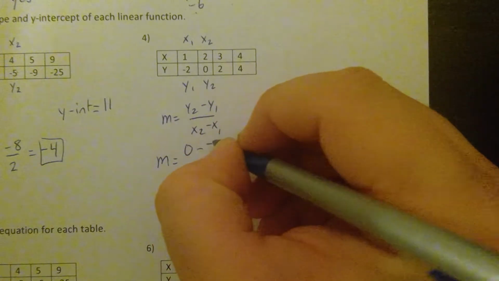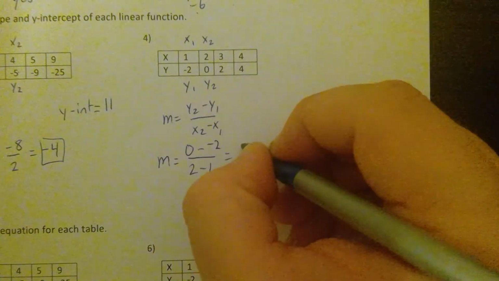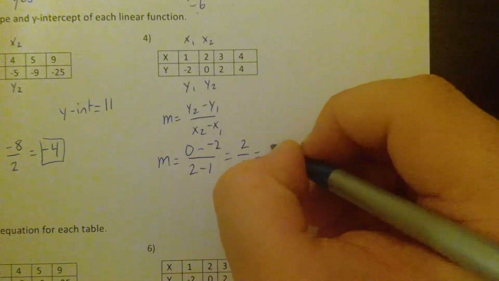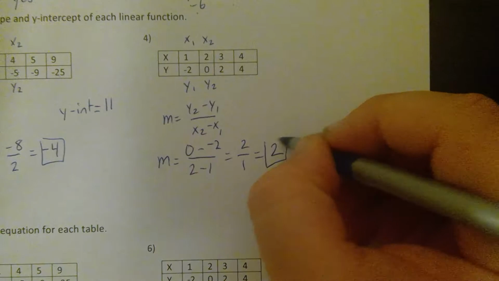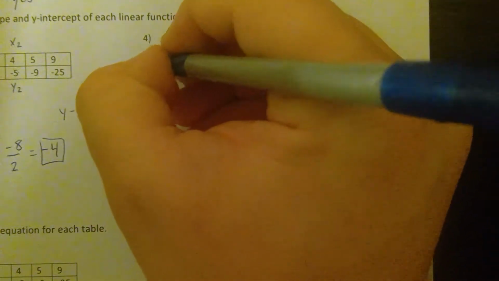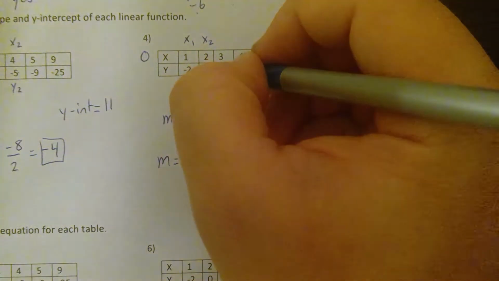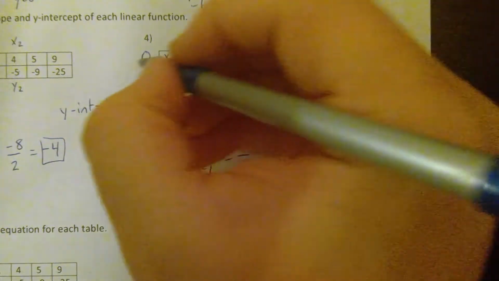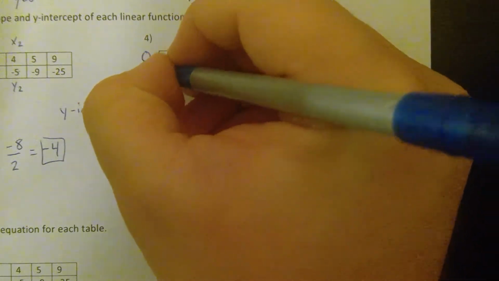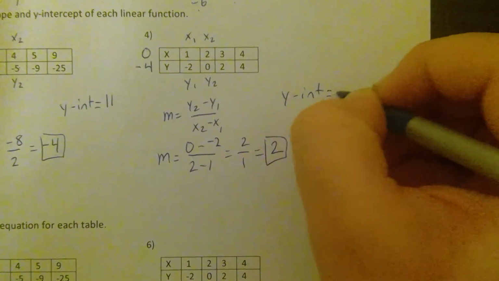So 0 minus negative 2 over 2 minus 1. 2 over 1 equals 2. So there's our slope. Now we need to go backwards. If we were going up 2 as y moves forward, we go down 2. So minus 2 is going to be negative 4. So our y-intercept is negative 4.